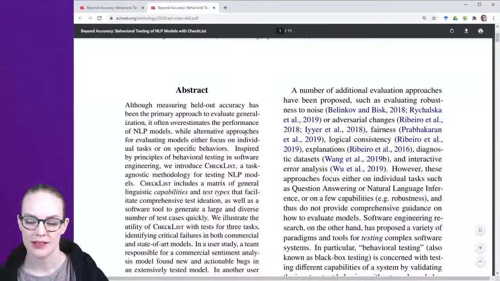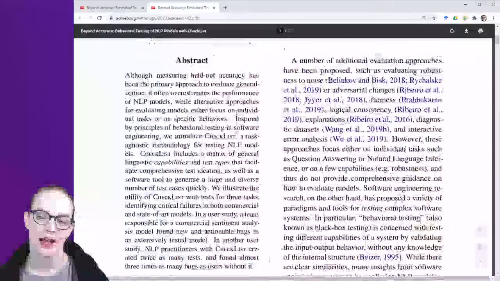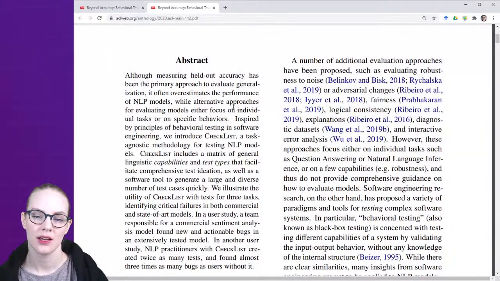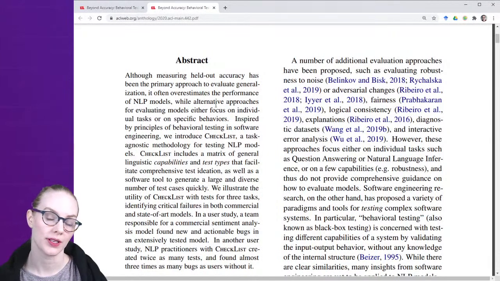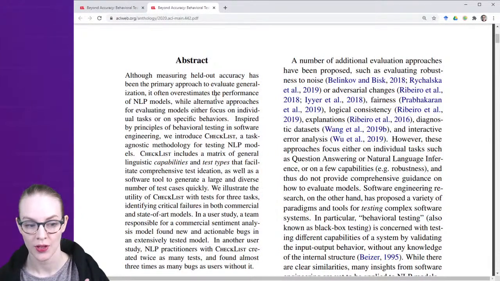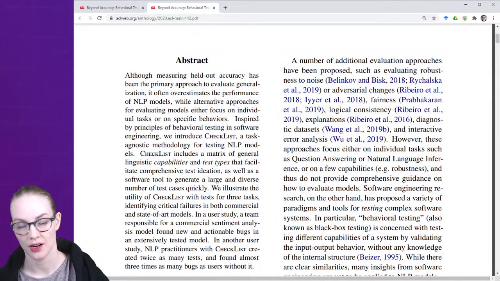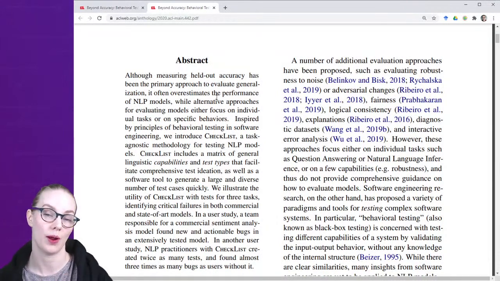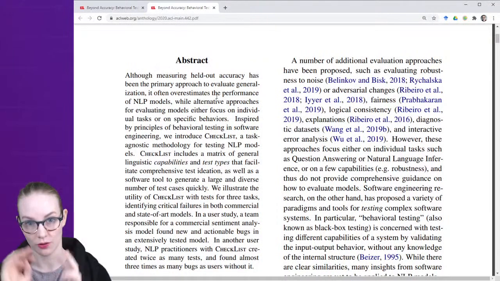And the gist of it that we talked about 2 weeks ago is that it's a grid of functionality that you can use to assess a range of NLP models. So it's a number of different things that you want to test, a number of different types of ways of testing them, and then those combine and make a grid.